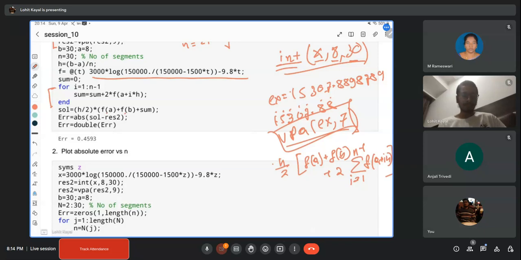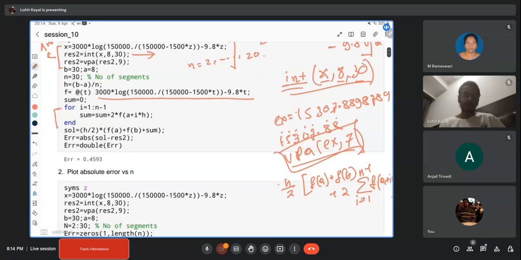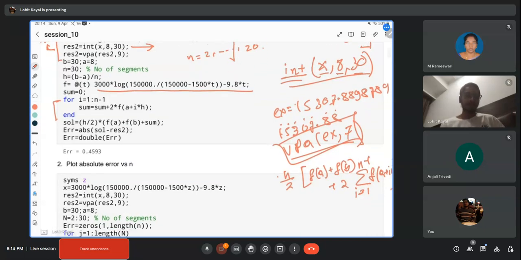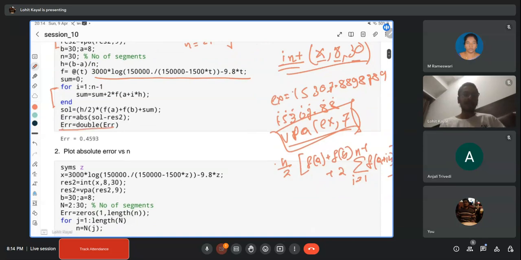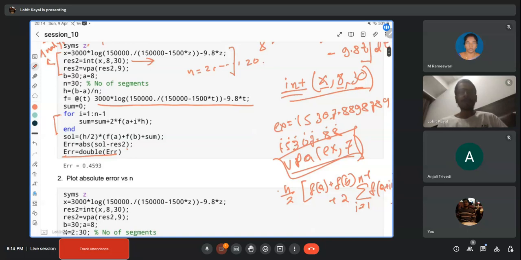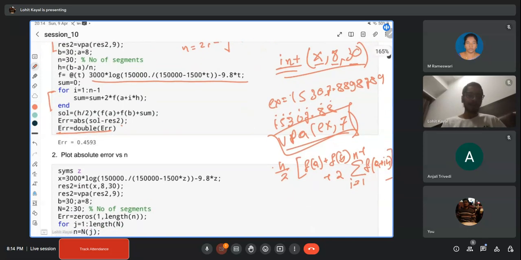And here, what is the error? err is the error, that is the absolute value. So this is the absolute error. sol is the approximate solution and res2 is the exact solution. And here err equals double of err, because I have defined a symbol and done all the work with it.